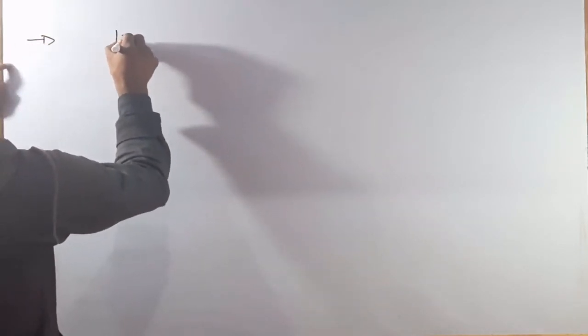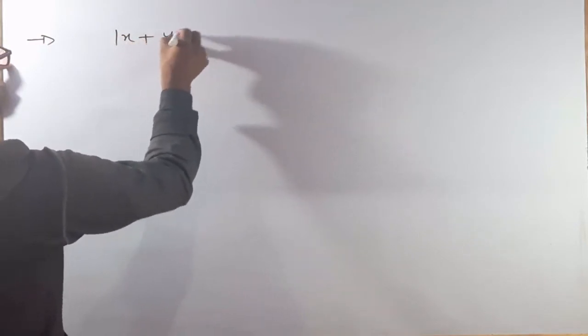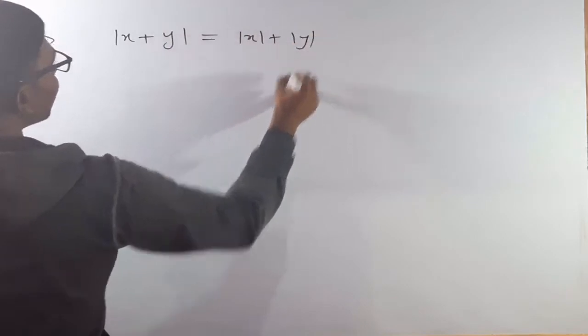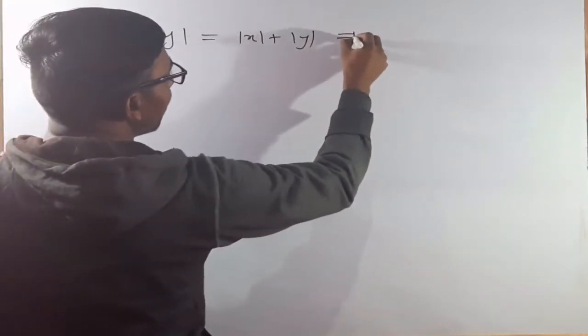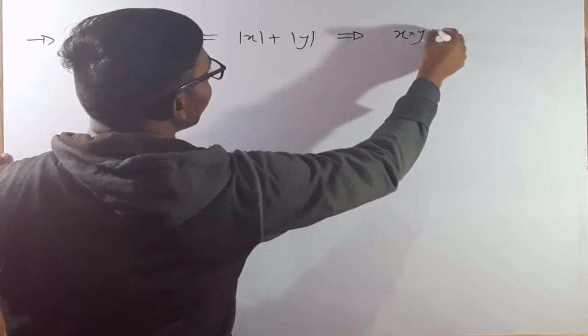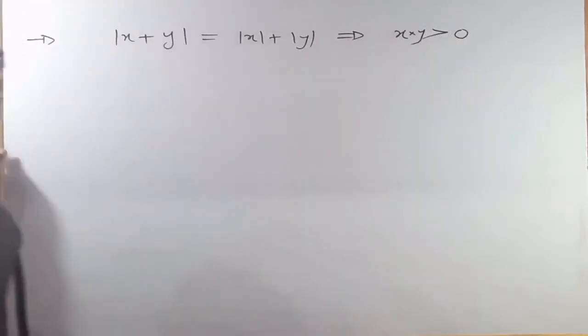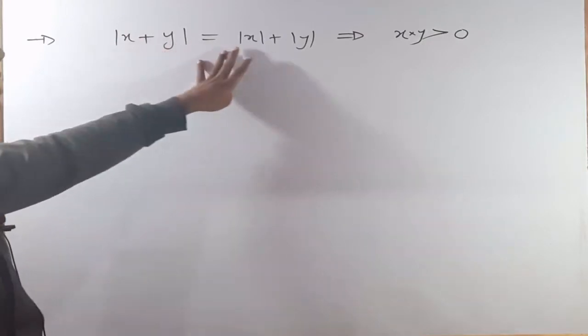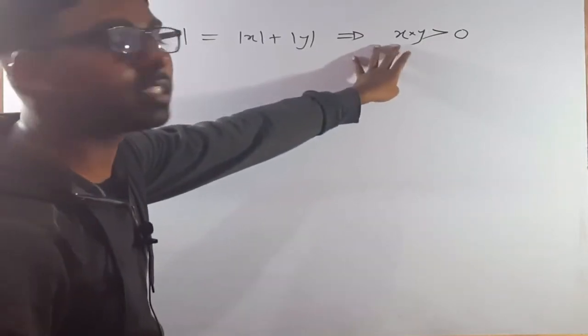If anywhere it is written like modulus of x plus y is equal to mod of x plus mod of y, so we can simply say x multiplied by y should be greater than or equal to 0. This equality will be satisfied if and only if this condition is satisfied.